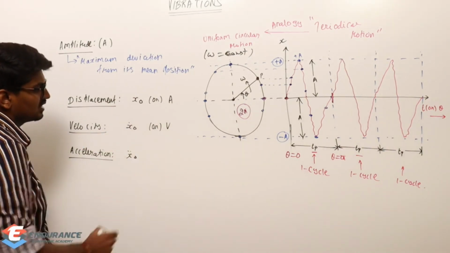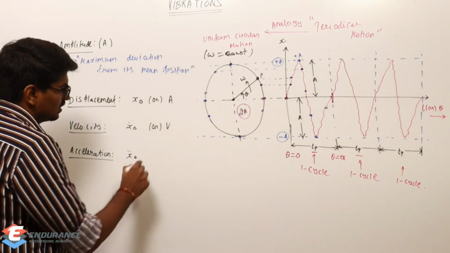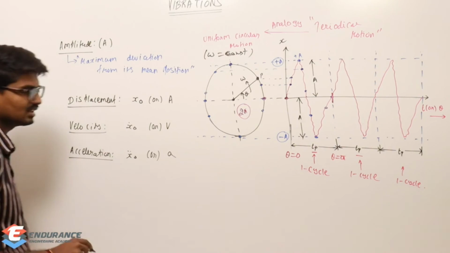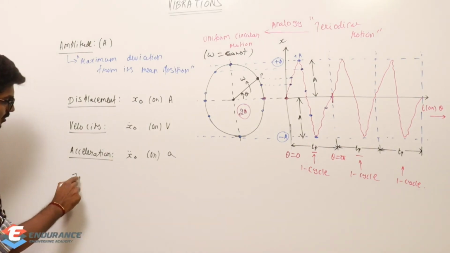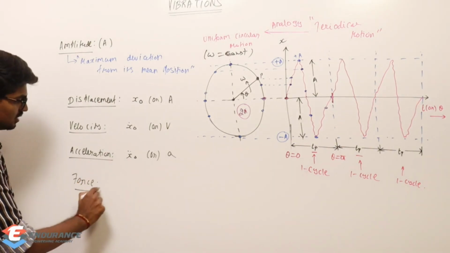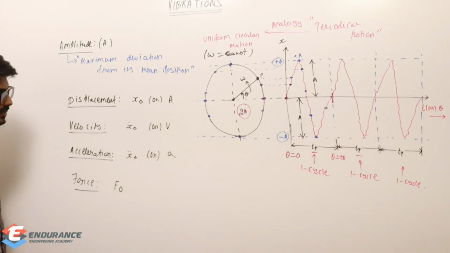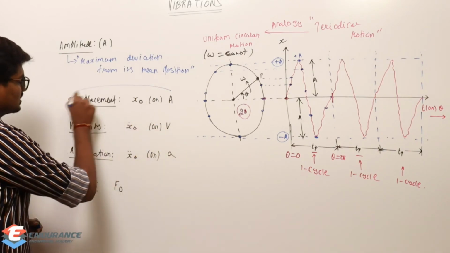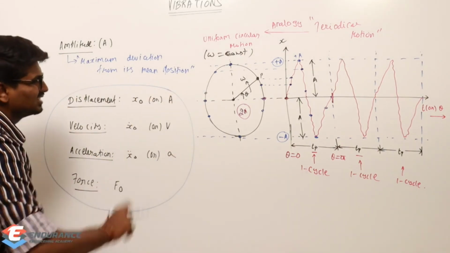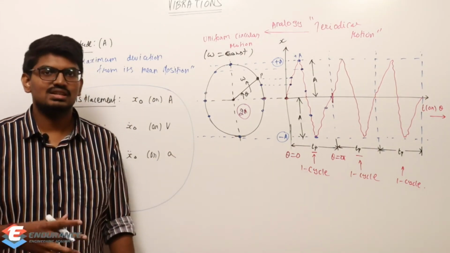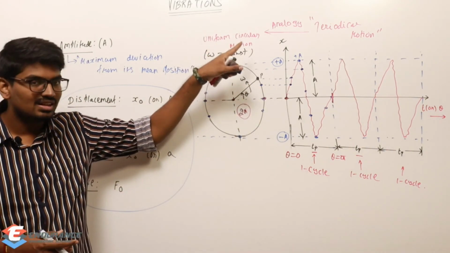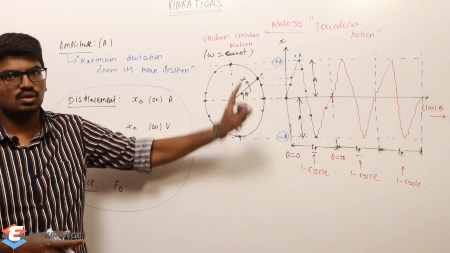So 2 times differentiation is x naught double dot, or we can represent it with small a for acceleration. And finally force, simply I will represent with f naught. So amplitude exists for displacement, velocity, acceleration and force. In the example, I'm just taking it as x, but it can be the y direction, it can be anything. It can be amplitude of displacement, velocity, acceleration or force.